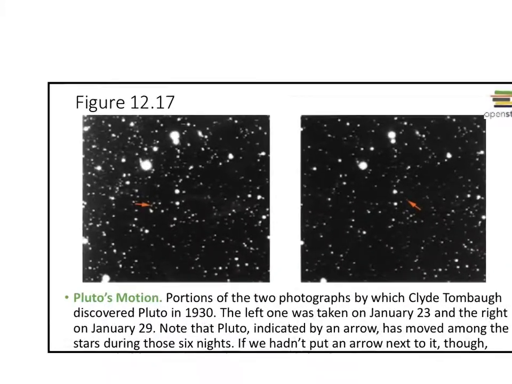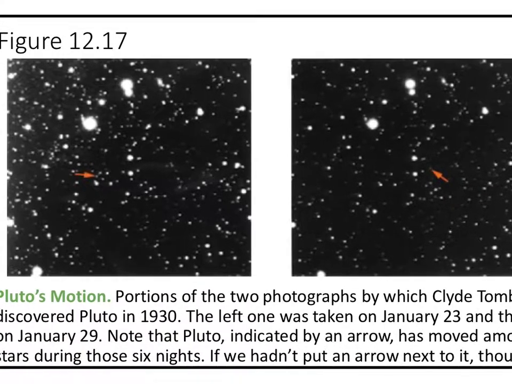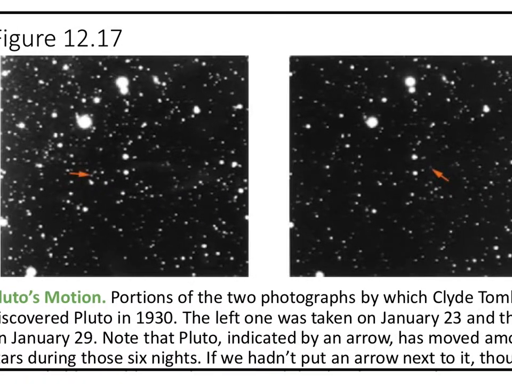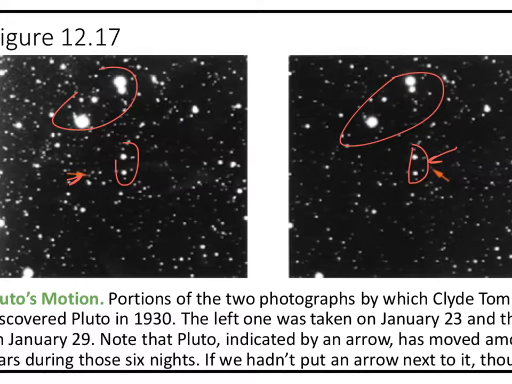He discovered Pluto by patience. Oh my gosh. It's hard for me to see, but I see these stars here. He compared these pictures and he actually saw Pluto move. Okay. So there you go. That is amazing.